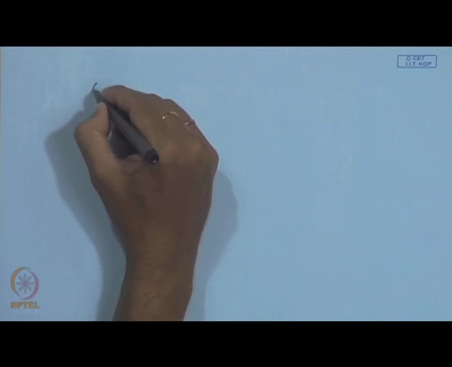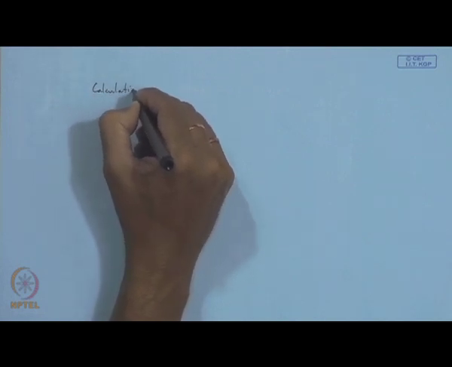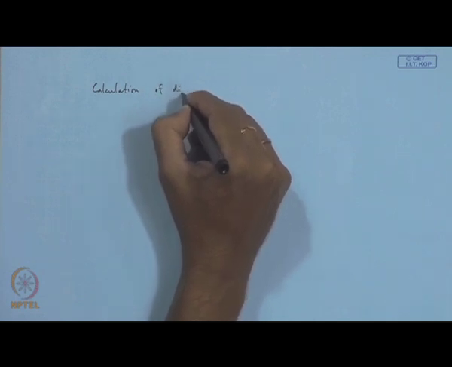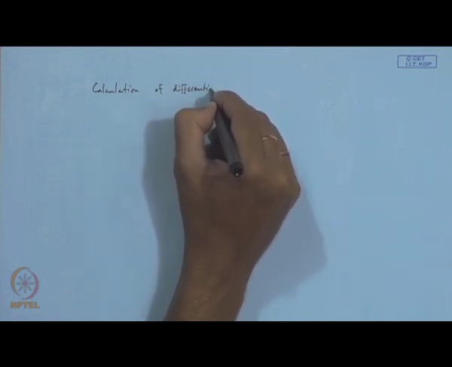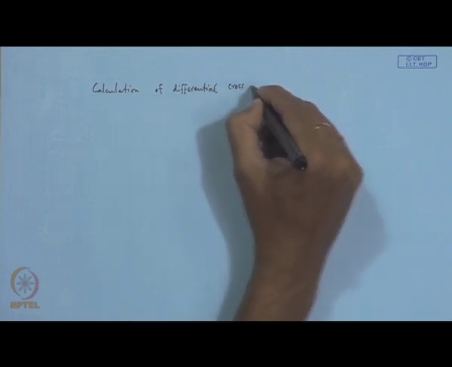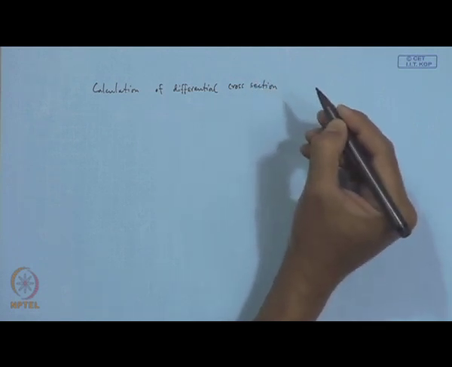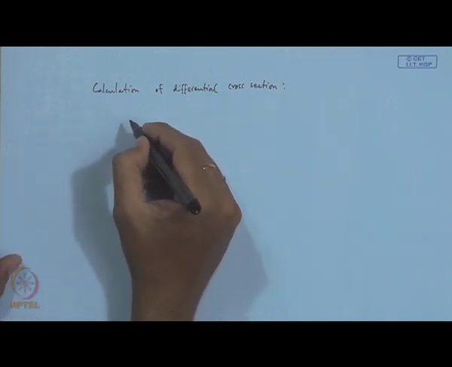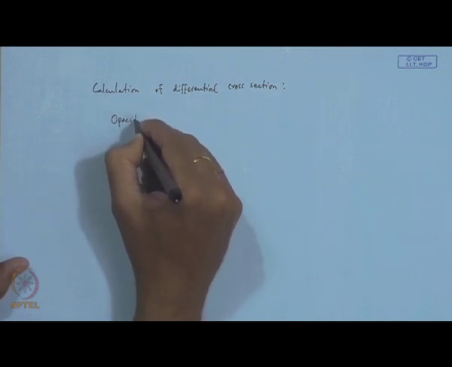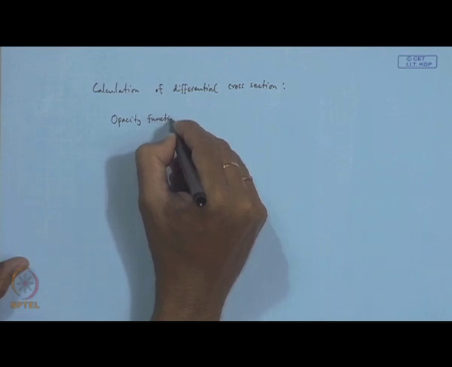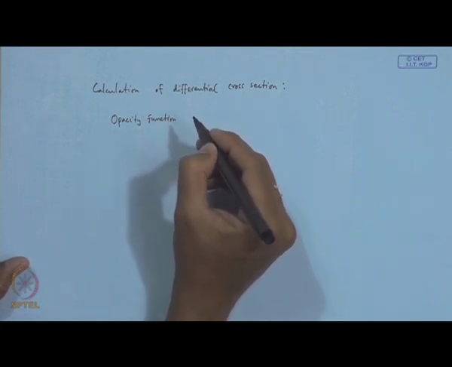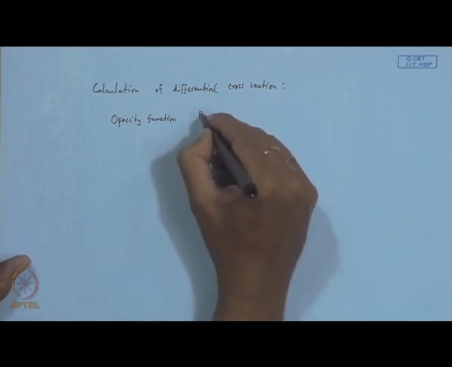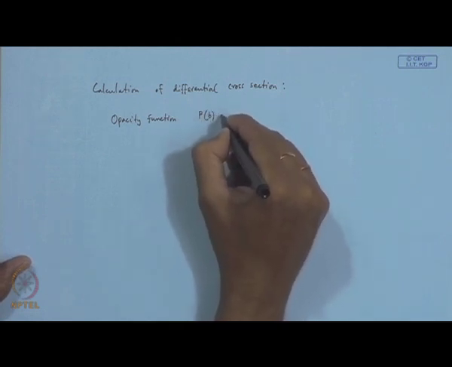In this case, for simplicity, the reaction probability function, or maybe the opacity function, let us take this opacity function Pb to be unity.